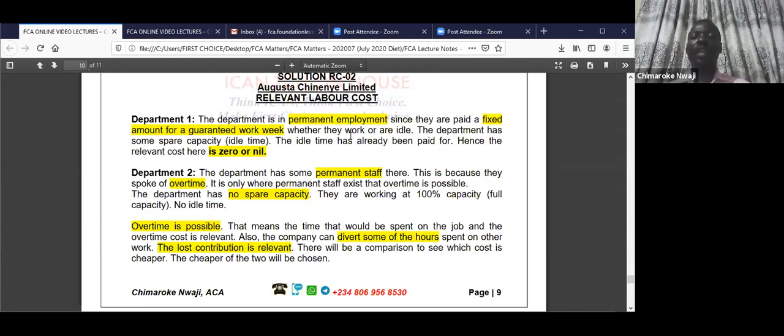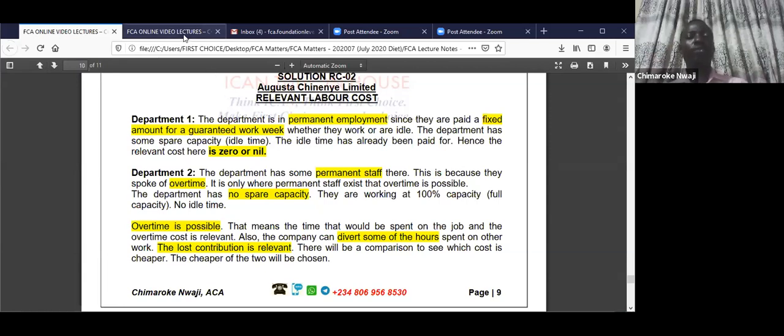And so if they can spare 200 hours that the contract is requiring during their idle time, fine. That is how they will fill their capacity. And so the relevant cost here is 0, because they have spare capacity. So whenever you see labor having spare capacity, relevant cost is nil.